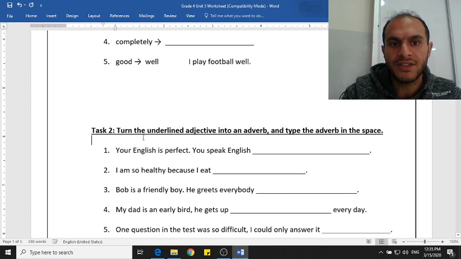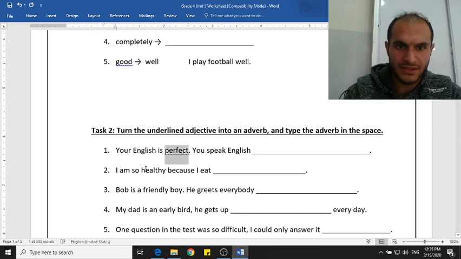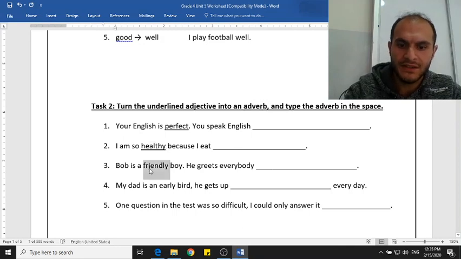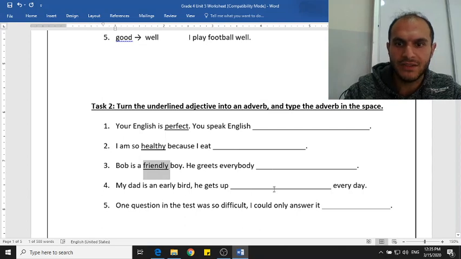In the second exercise here, we have to use the adjectives in this exercise or the adverbs in the exercise. In the other space, we are going to make the adverbs. So again, let's repeat. We have adjectives here, and we are going to make these adjectives into adverbs.